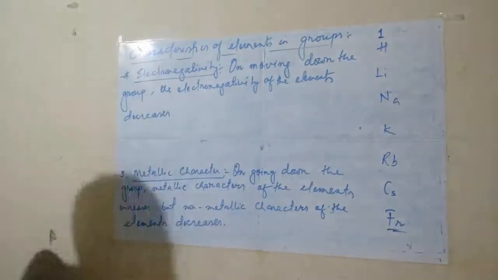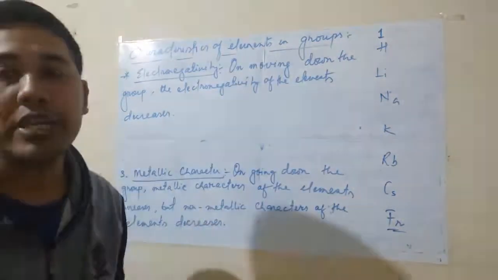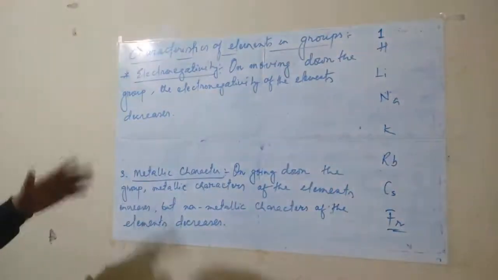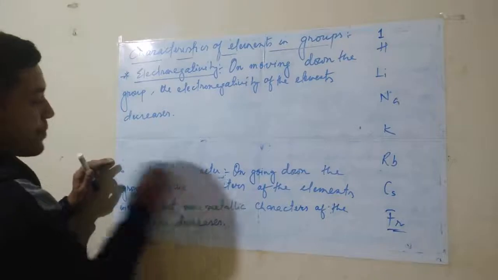Why? Obviously, the non-metallic character will decrease. That means the electronegativity will decrease on moving down the group. Right? Copy down this one. Done?